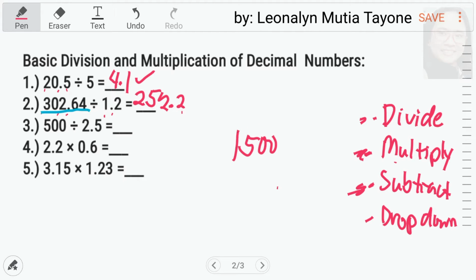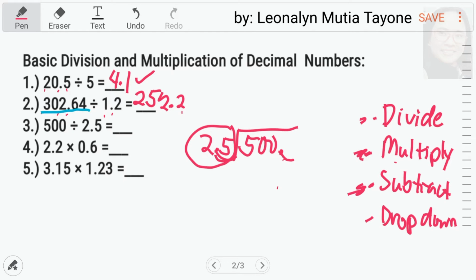500 divided by 2.5. Again, always remember, itong divisor natin, dapat gawin nating whole number siya, by moving the decimal place until magiging whole number siya. Kung nakailang move ka para maging whole number siya, ganun din ang gagawin mo dito sa dividend. So, itong 2.5, isa lang naman yan. Itong 500 whole number siya, ibig sabihin nandito yung decimal niya.